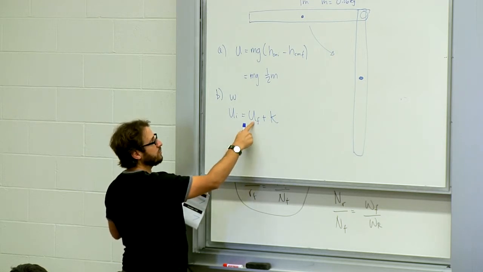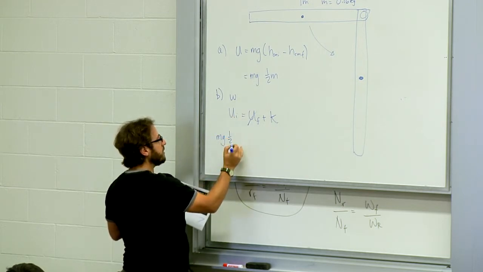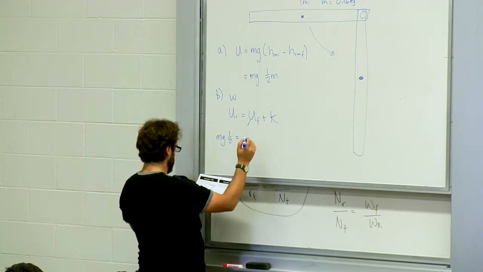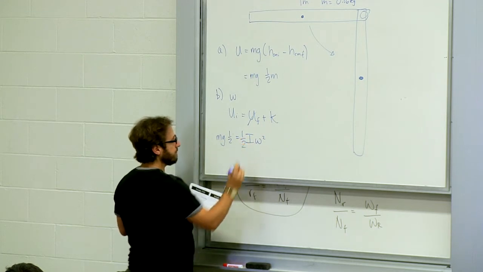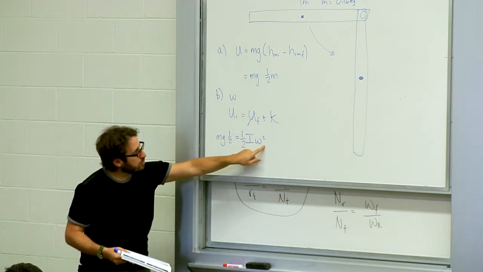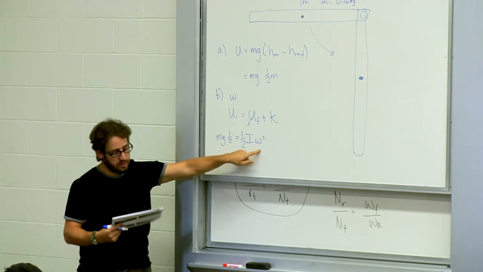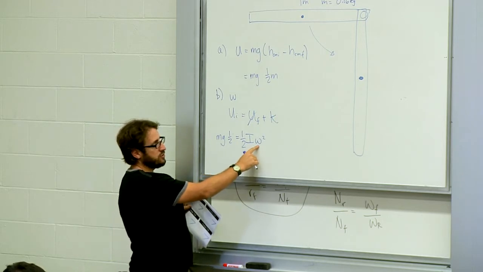And in fact we could set this one to be 0 to make this one simple. So mg times 0.5 meter is equal to 1/2 I omega squared, right? So here the gravitational potential energy gets turned into rotational kinetic energy, and we're asked to find the angular speed, right, which is just omega.